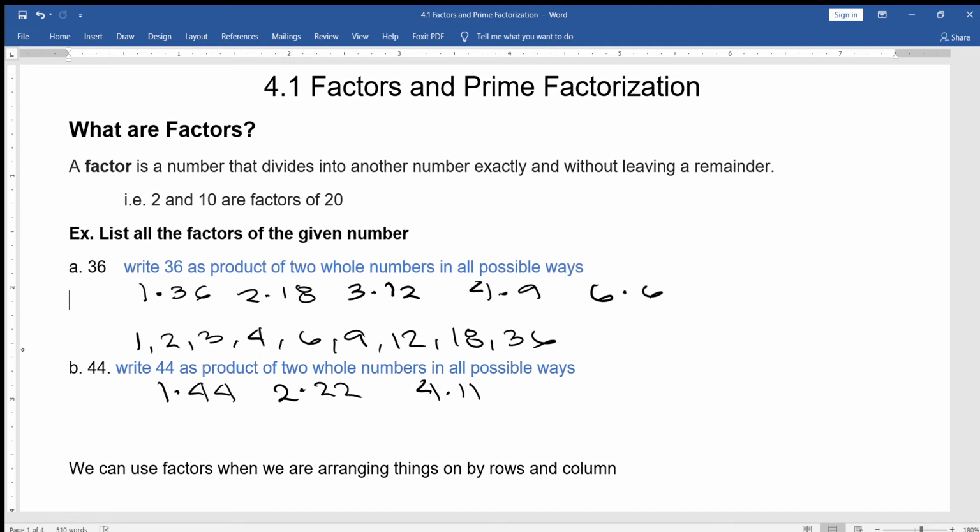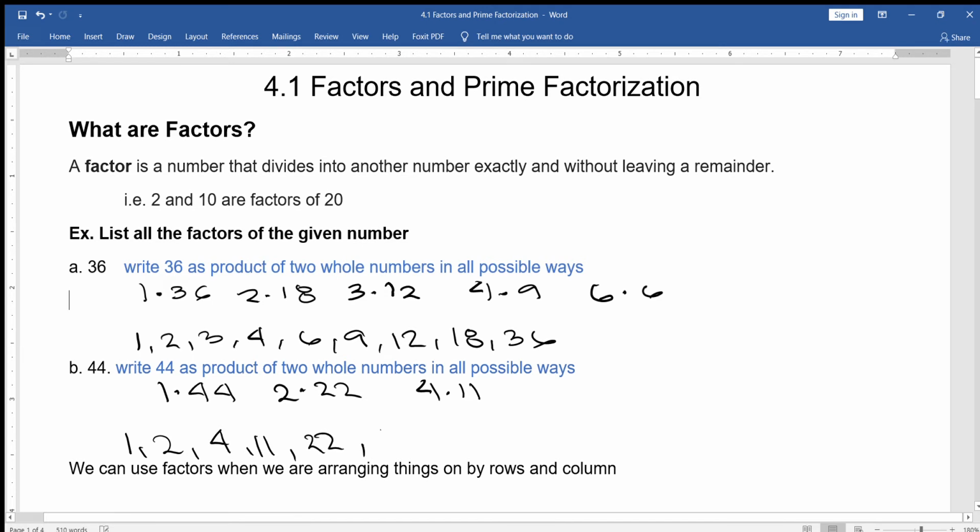And that's all the numbers between 4 and 11. That's all the possible ways. Now let's list all the factors. We have 1, 2, 4, 11, 22, and 44.